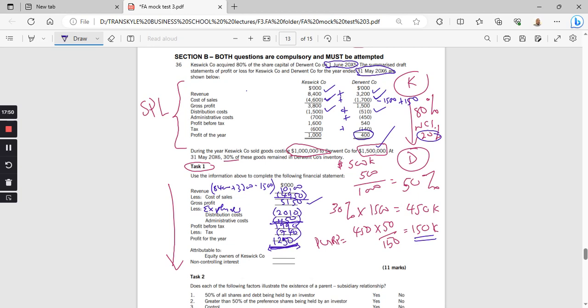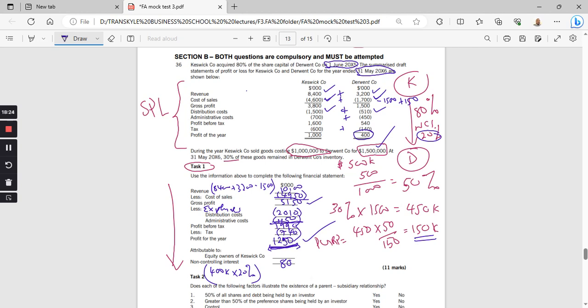So we are going to say 400,000 multiplied by 20%, and this is going to give us 80,000. So the NCI is going to get 80. Right, so we are done. And then once we know that the NCI has obtained 80,000, the remainder should go to the parent, so that's 1250 minus 80.